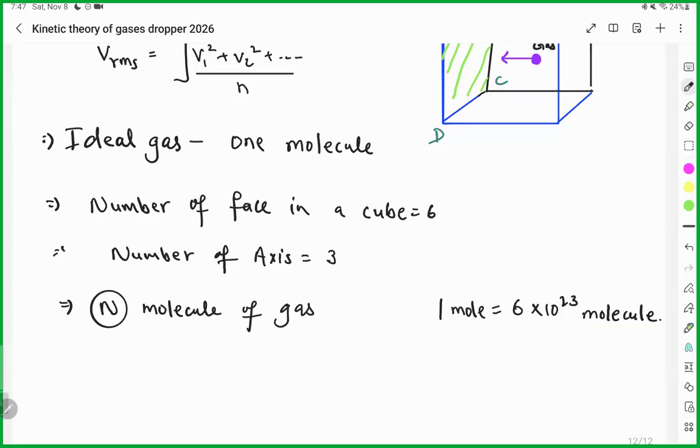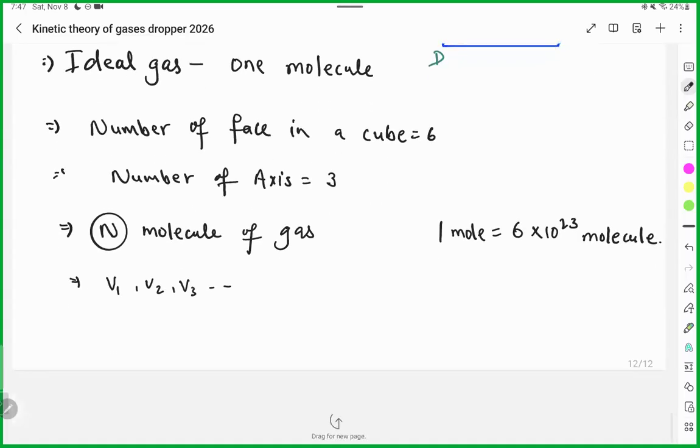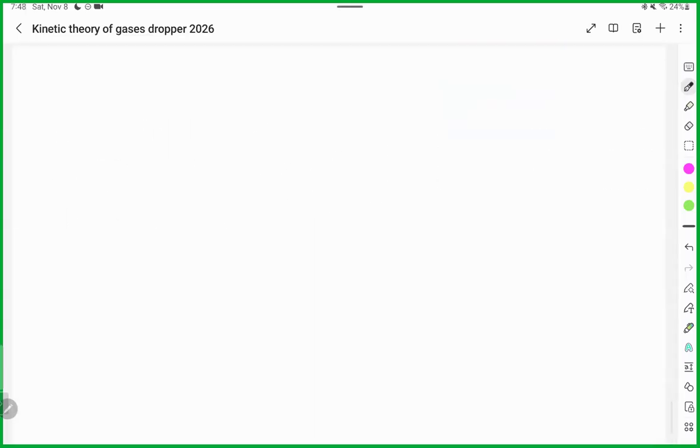So we have a lot of molecules of gas because we can't take one or two molecules, and they will be moving with different velocities. Some are moving V1, V2, V3, and so on. Imagine there is random motion.